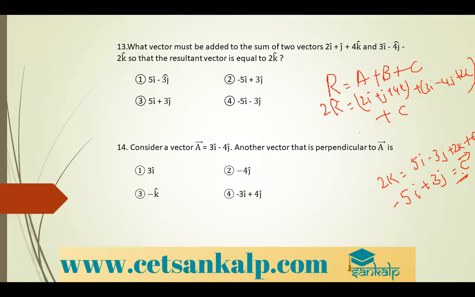They told us vector A is in the xy plane. The vector perpendicular to vector A must be along the z axis, because being perpendicular, you can say it is always along the z axis. So the right answer will be option 3. Okay, clear, I think.